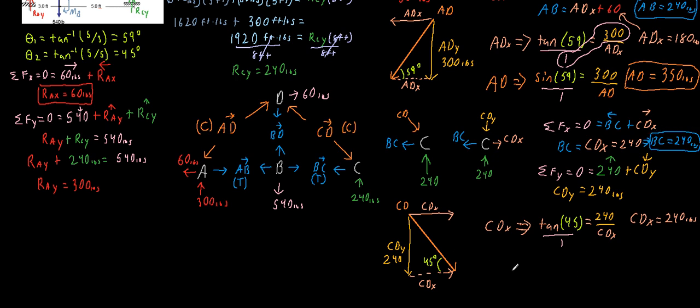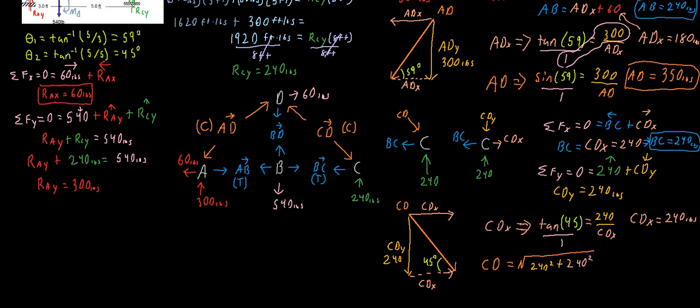There are several ways we can do it, but I'm going to use the Pythagorean theorem, because if you think about it, it works. Vector CD is equal to the square root of our x and y components squared: 240 squared plus 240 squared.